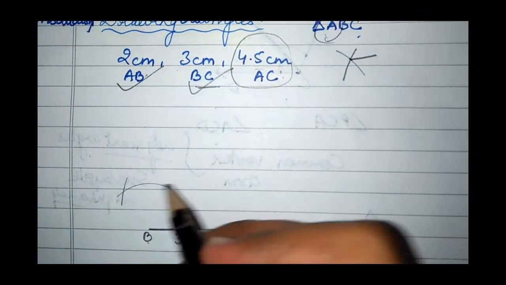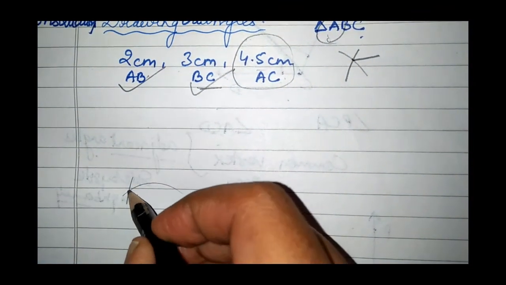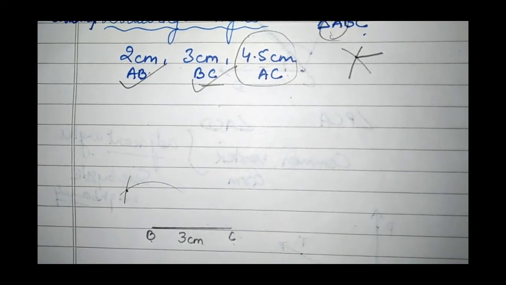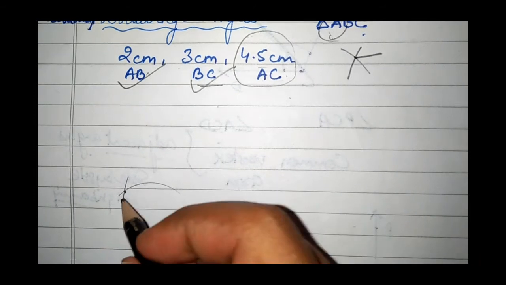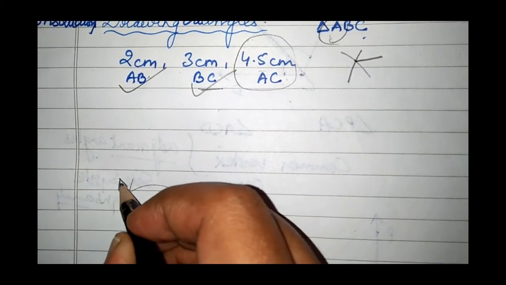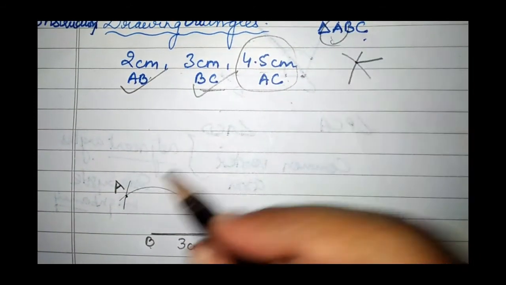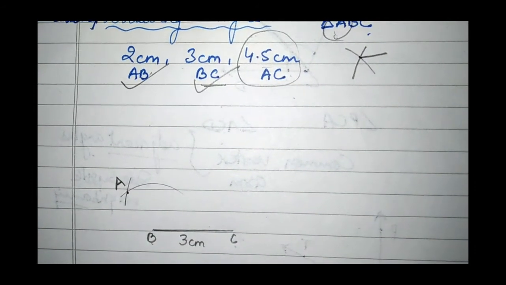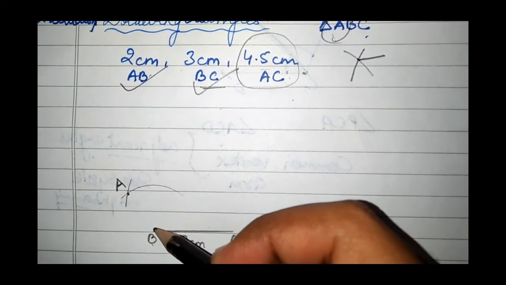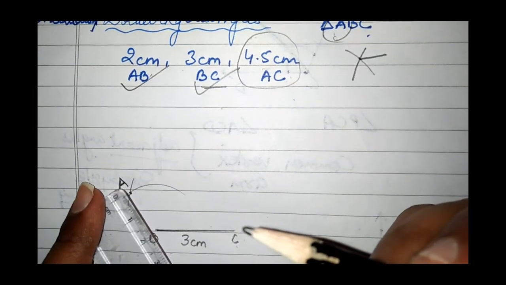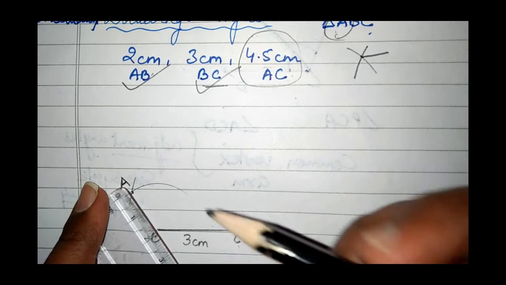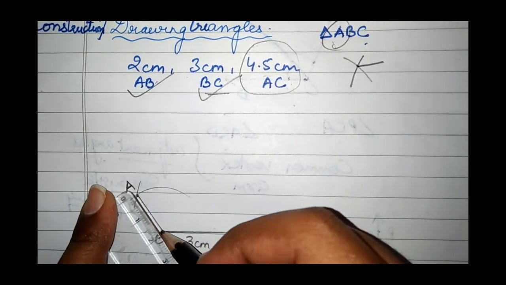Now you can see as I made the second arc, it intersected the first arc at a point. This point of intersection is the missing point A. So this is A. Now I am going to join AB from this point to this point, and when you join AB, you will get it equal to 2 centimeter.